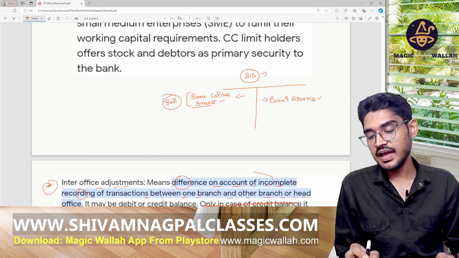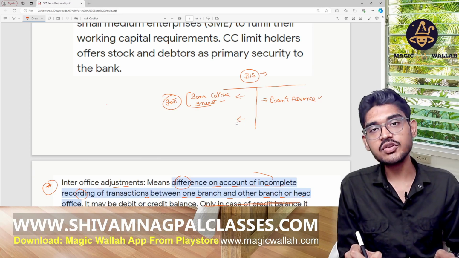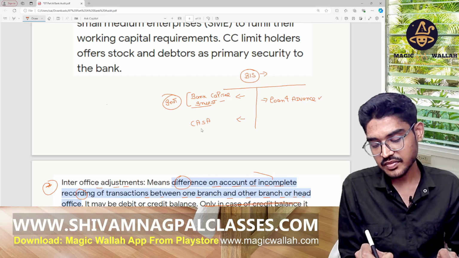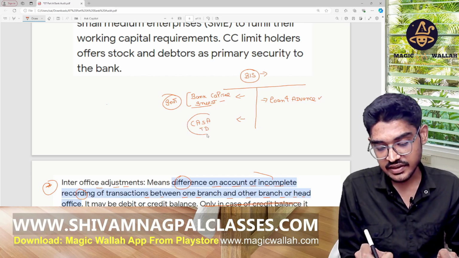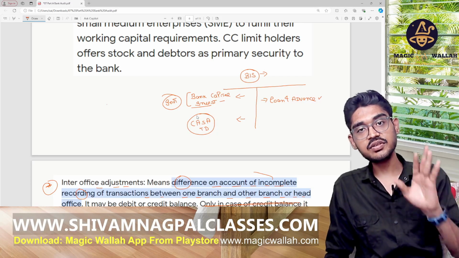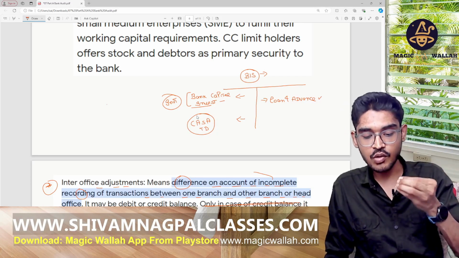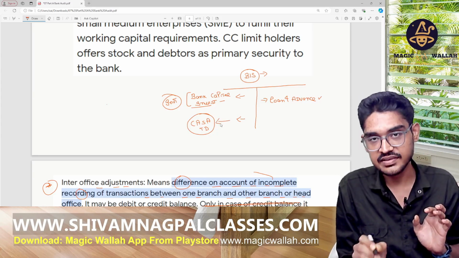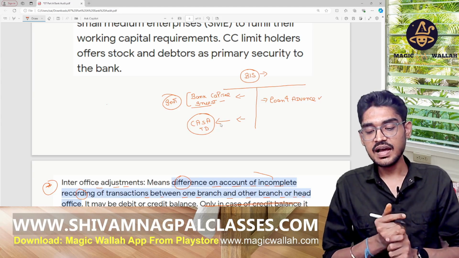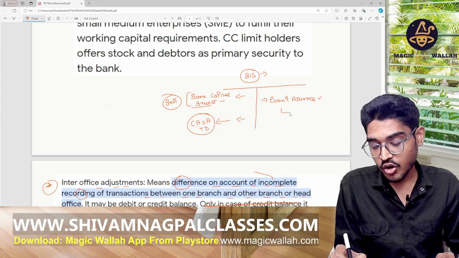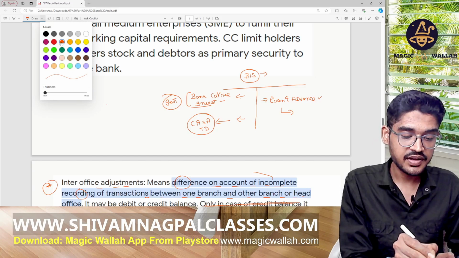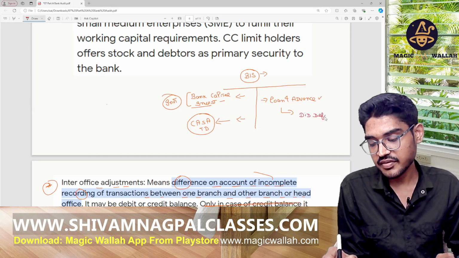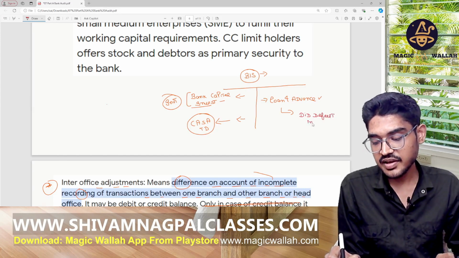Now, the other liability of the bank is CASA, current account, saving account, or term deposit. The money deposited by you in the bank, like current account, saving account, term deposit, etc. These are the bank's liabilities. Now let's assume that this borrower defaulted in paying the money.